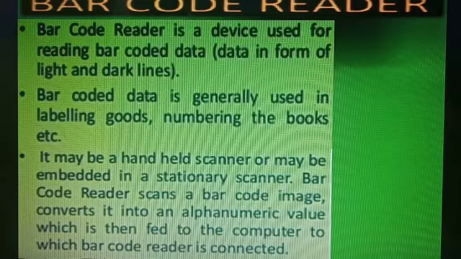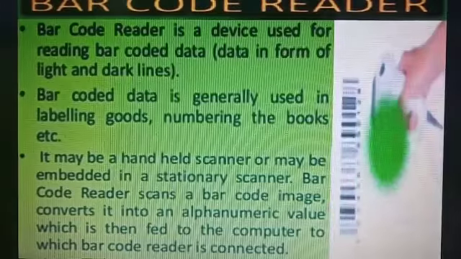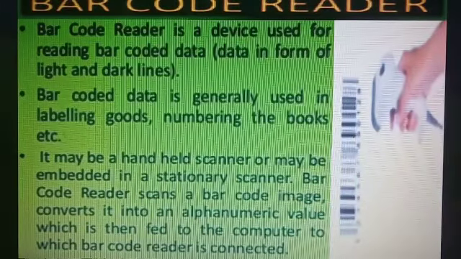A barcode reader scans a barcode image and converts it into alphanumeric values, which are then fed to the computer to which the barcode reader is connected. Now you can see the picture of a barcode reader.